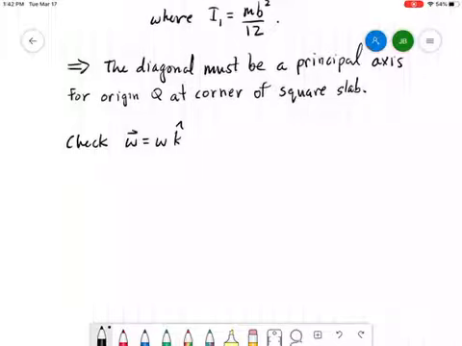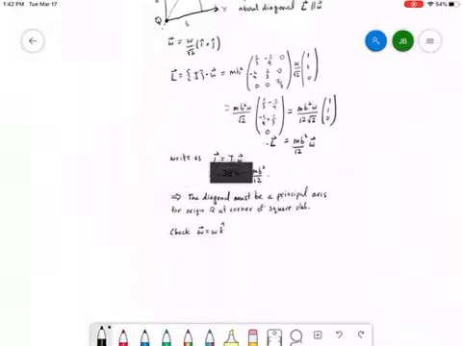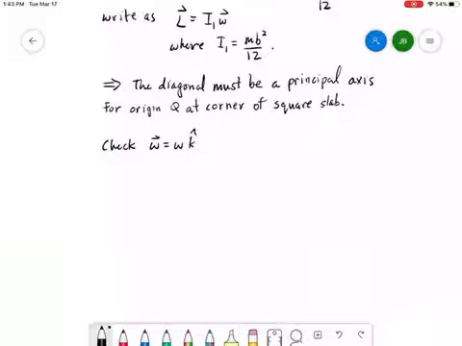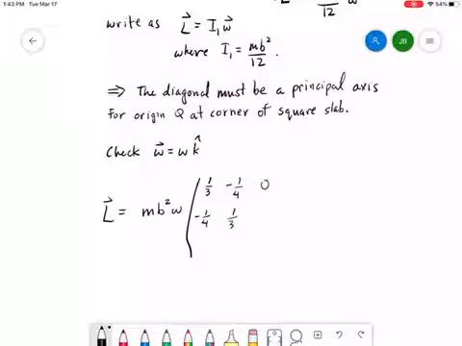So if I calculate L in that case, I'm going to get mb squared, and then we'll pick up the omega when we do the dot product with the omega vector. And then our square matrix is 1/3, minus 1/4, 0, minus 1/4, 1/3, 0, 0, 0, 2/3.